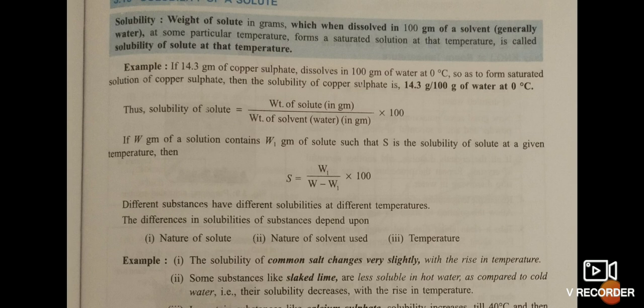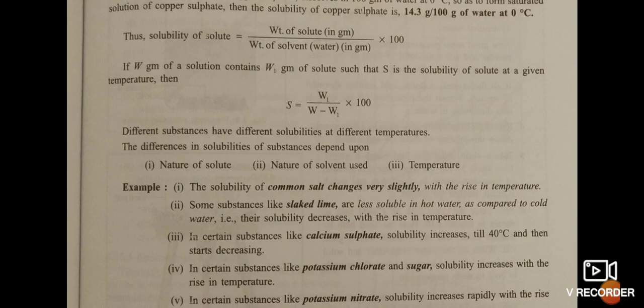Now different substances will have different solubilities at different temperatures. The difference in solubility of a solute in a solvent depends upon, first, the nature of solute, second, the nature of solvent used, and third, temperature. For example, the solubility of common salt changes very slightly with rise in temperature because common salt is highly soluble in water.